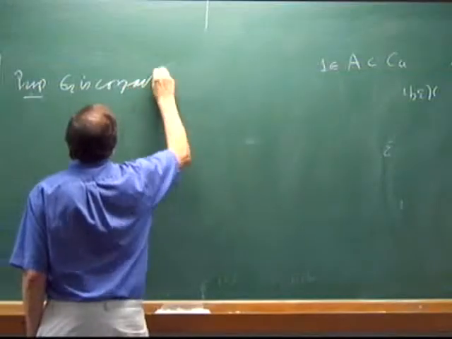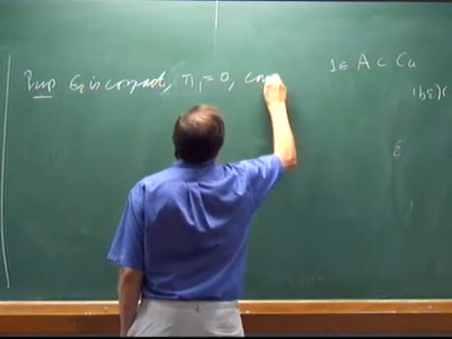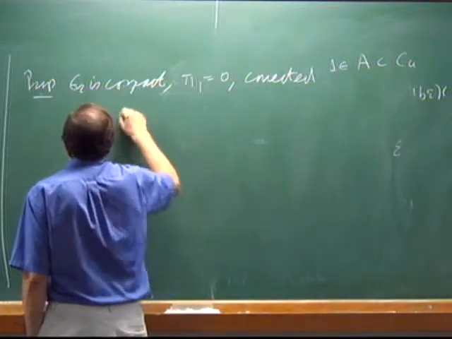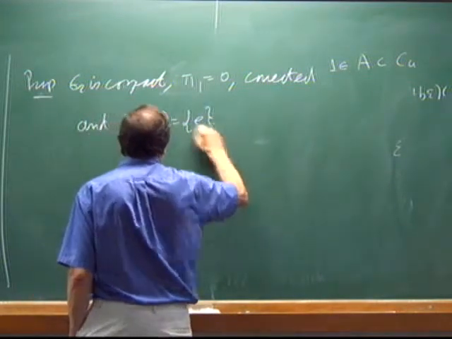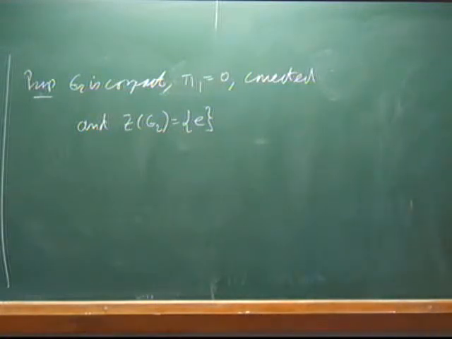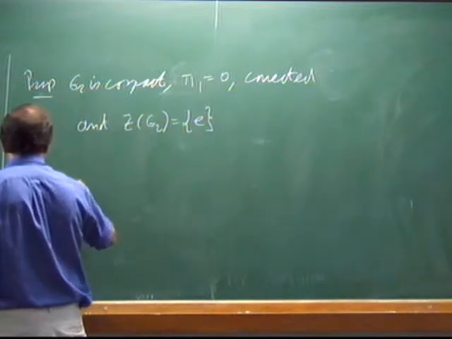G2 is compact, simply connected, and the center of G2 is trivial. So let's see how we can prove this.